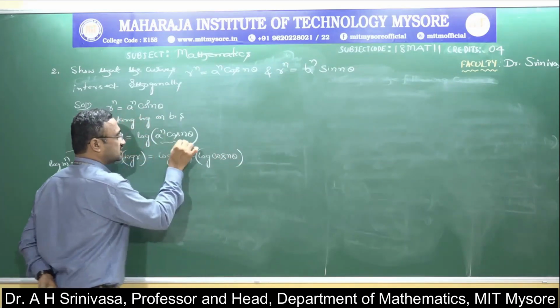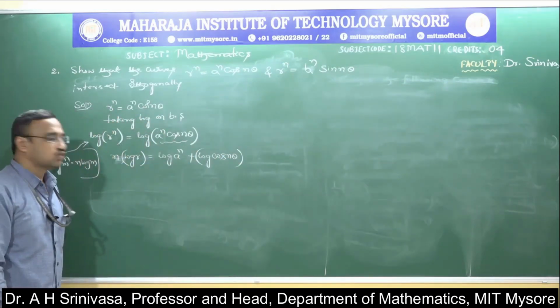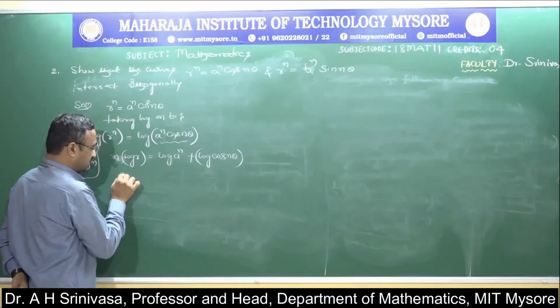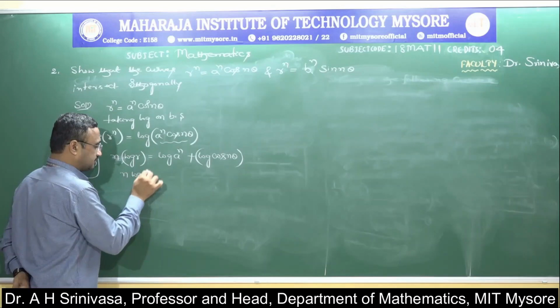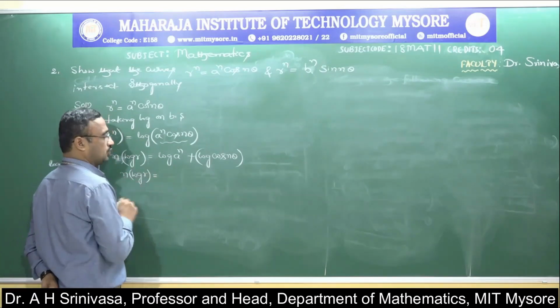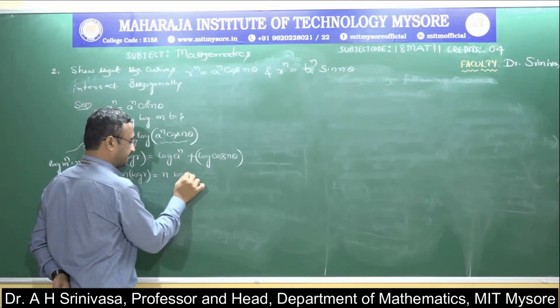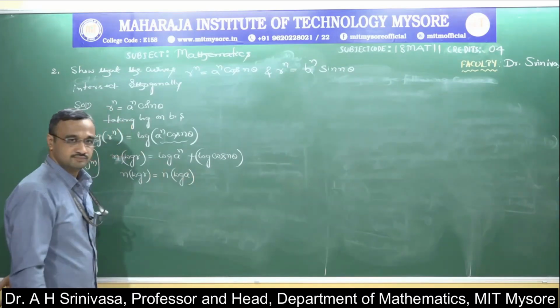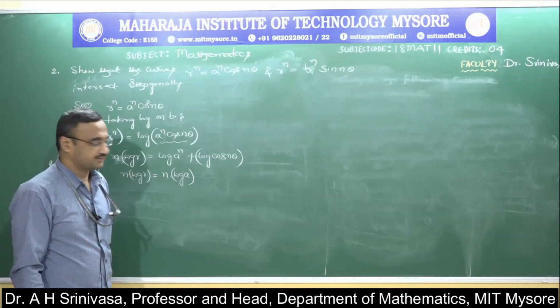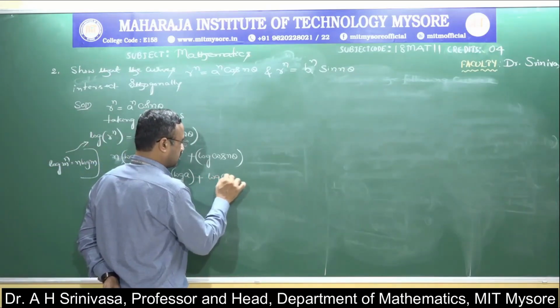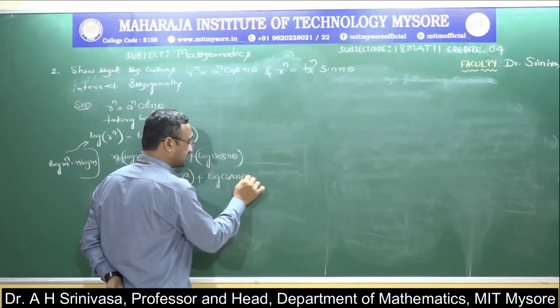Here the product of two functions is there, m into n, you have to use it. So now n log r should be equal to n into log a, again using the properties of logarithm, plus logarithm of cos n theta.